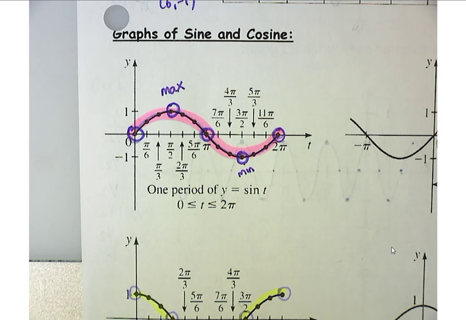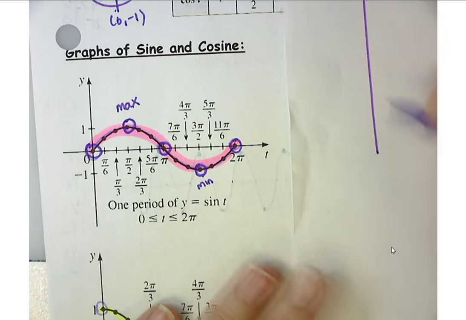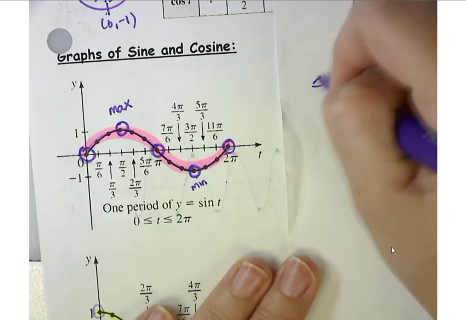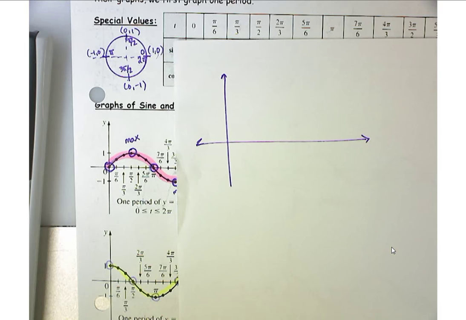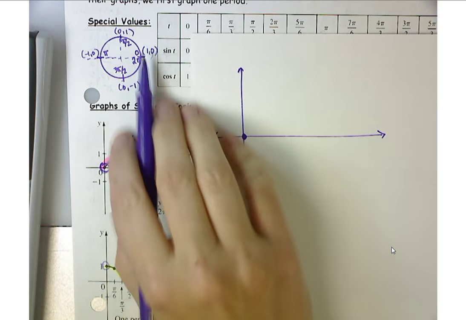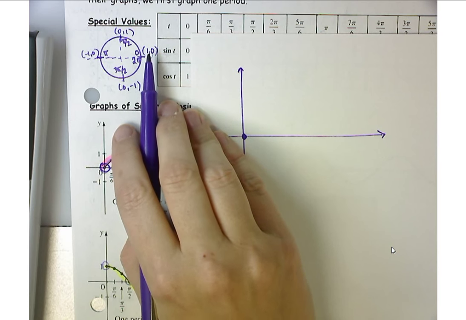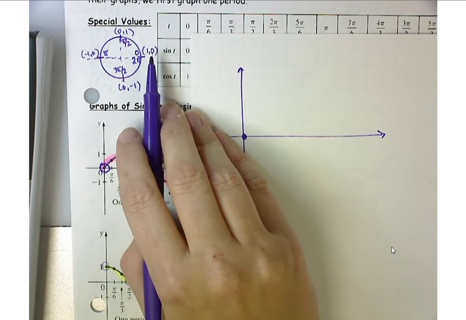So when you're graphing, you can either graph with a pattern or you can graph with a table. So when you're thinking of your sine, we should know that at 0, your sine value is always going to be what? 0. And again, you'd know that from your unit circle, right? At 0, it's 1, 0, and all your points are cosine, sine, right?